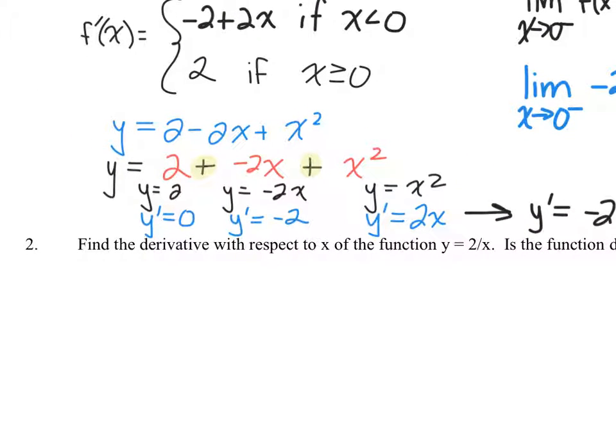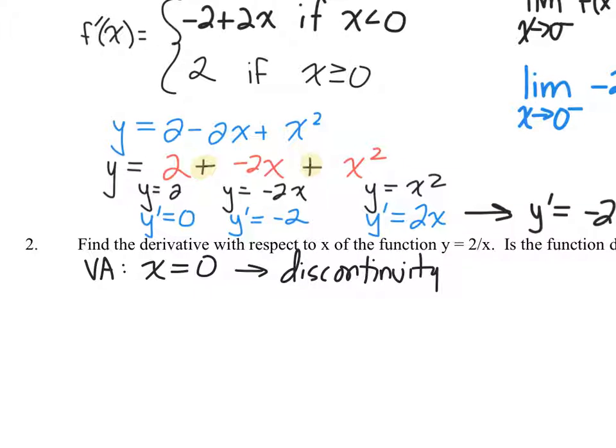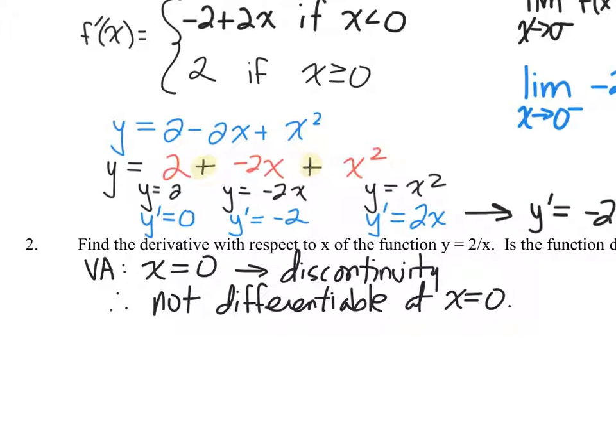All right, so let's start off with that. We have a vertical asymptote at x equals 0. A vertical asymptote is a discontinuity. Therefore, not differentiable at x equals 0.